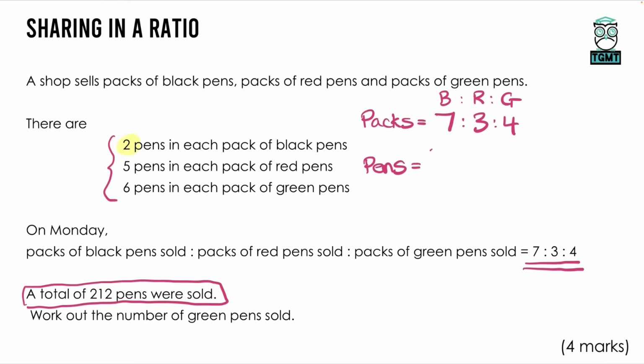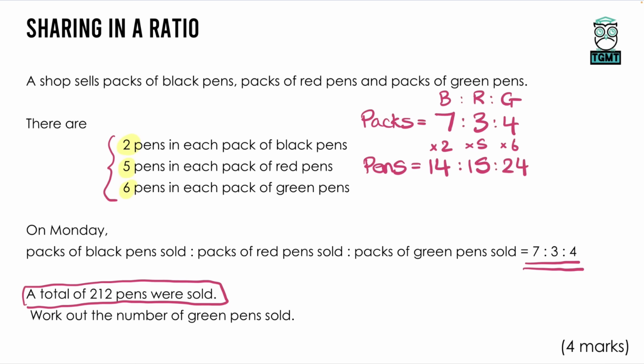So we'll times the 7 by 2, and that's 14 pens in those 7 parts. There are 5 of the red pens in each pack, so we need to times the 3 by 5, which is 15 pens. And then the final one, there are 6 pens in each of the green packs. So timesing that by 6 would give us 24.